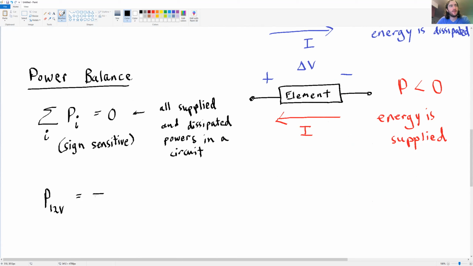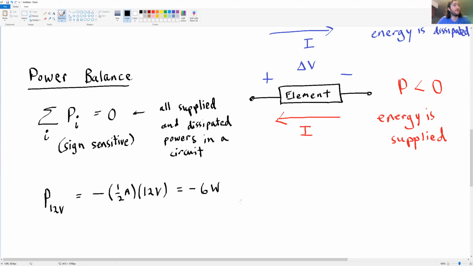We insert the minus sign by hand into our expression for I times, well, rather it's half an amp, right? So 1/2 an amp. And then the EMF is supplying 12 volts, so that's 12 volts there. And we get -6 watts for the power.